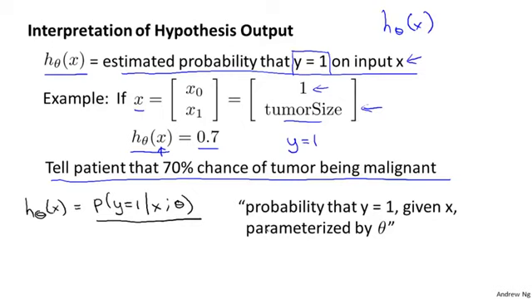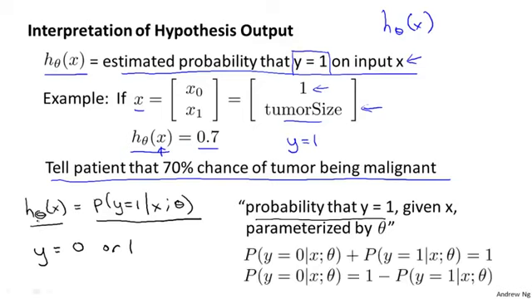So I'm basically going to count on my hypothesis to give me estimates of the probability that y is equal to 1. Now, since this is a classification task, we know that y must be either 0 or 1, right? Those are the only two values that y could possibly take on, either in the training set or for new patients that may walk into my office or into the doctor's office in the future.